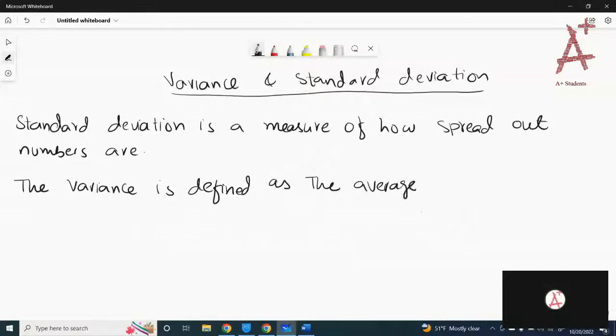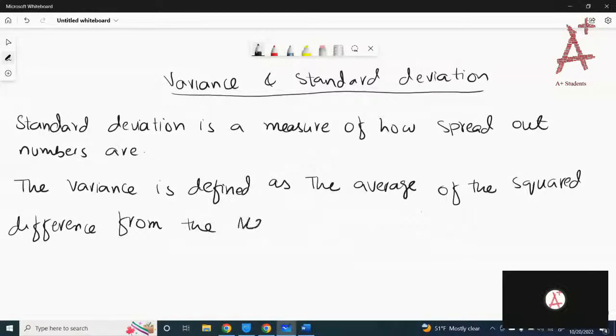So how can we calculate variance? First, we work out the mean.